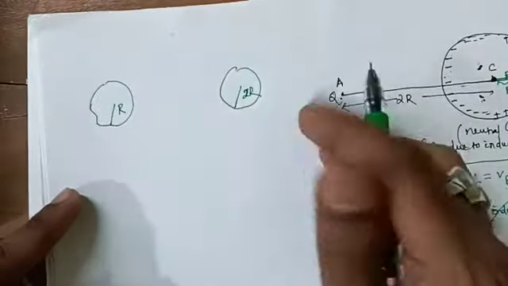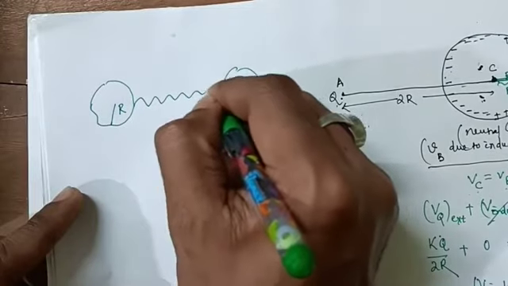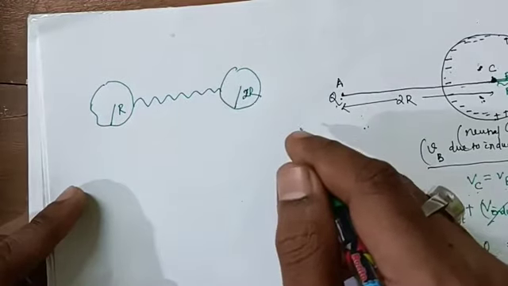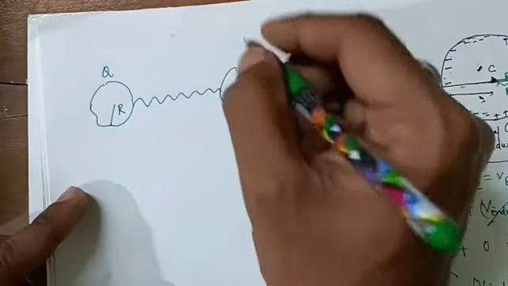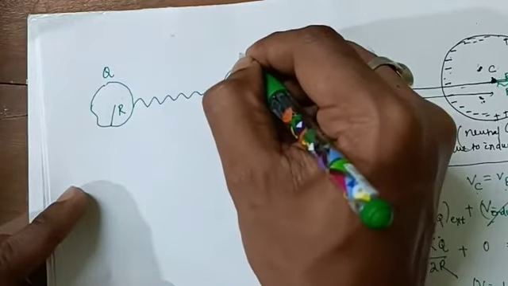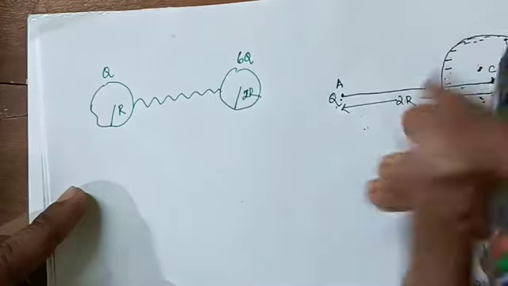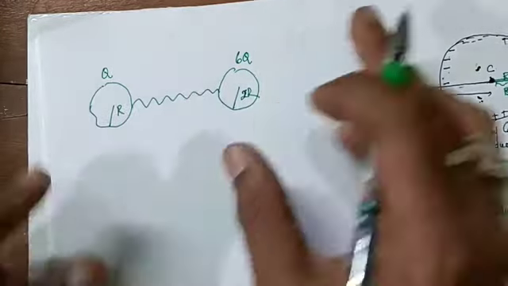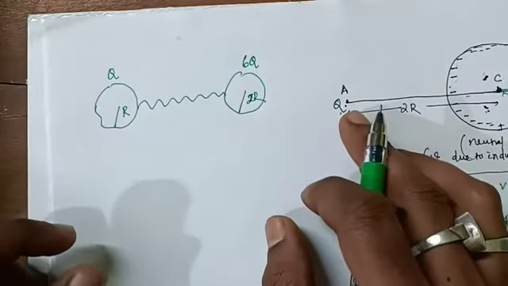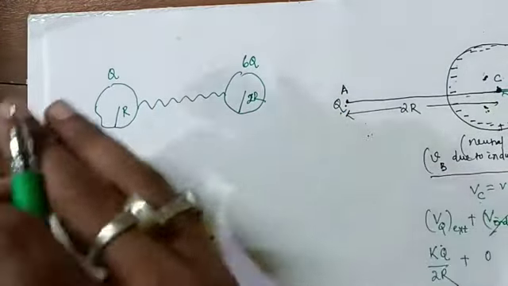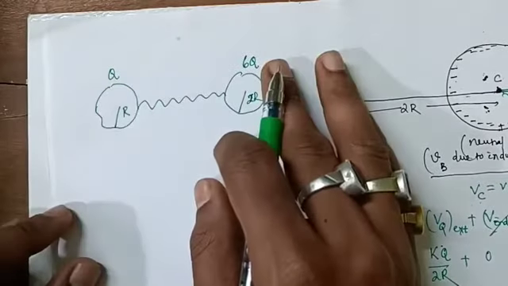Two spherical conductors are connected like this. Here the charge is q and here the charge is, say, 6q. The two spherical conductors can be a large distance apart. The question can be asked: how much charge will flow from one conductor to another conductor?